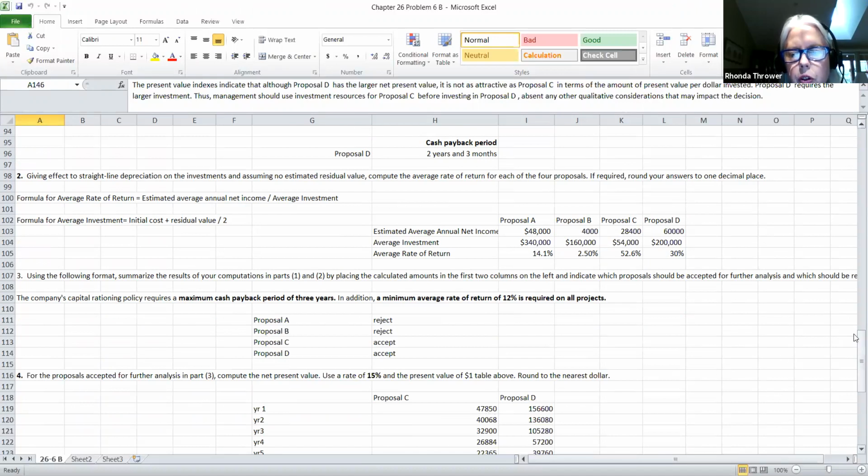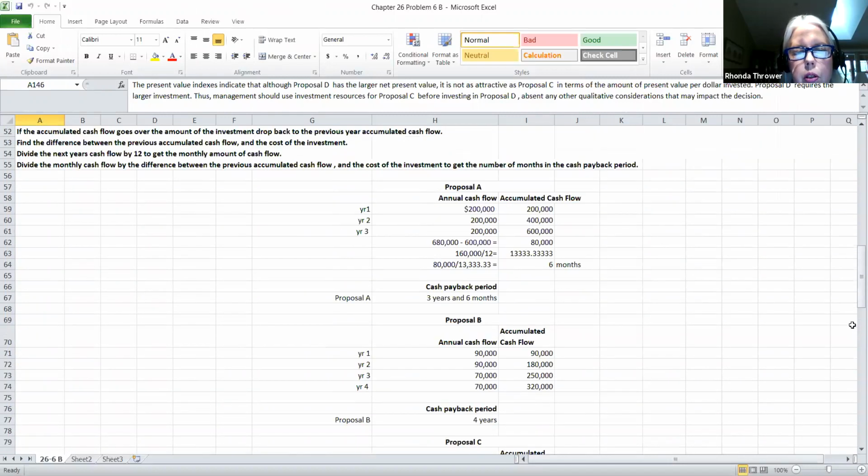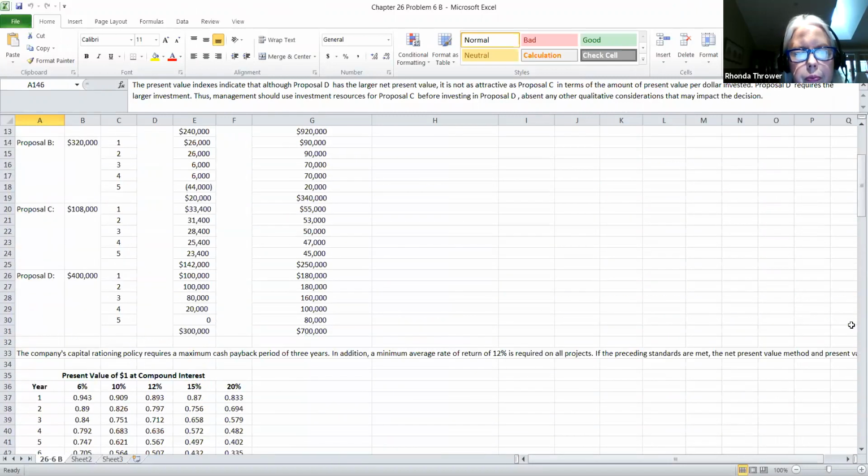For year two, I'm going to pick up 53,000, which was the cash flow in year two. I'm going to multiply that by 0.756.